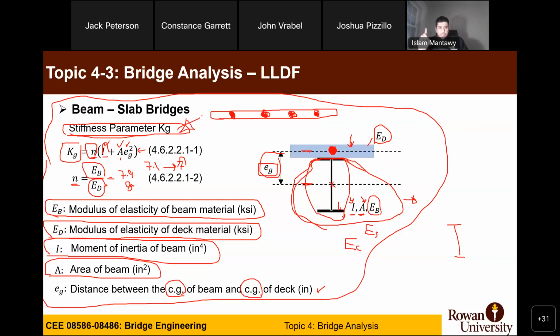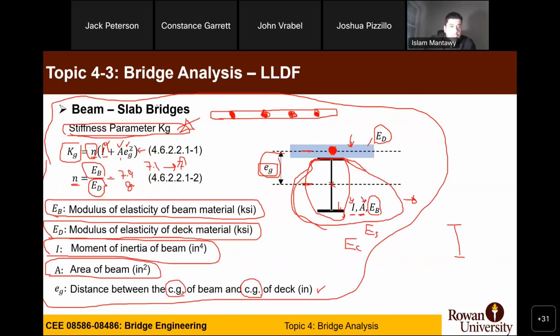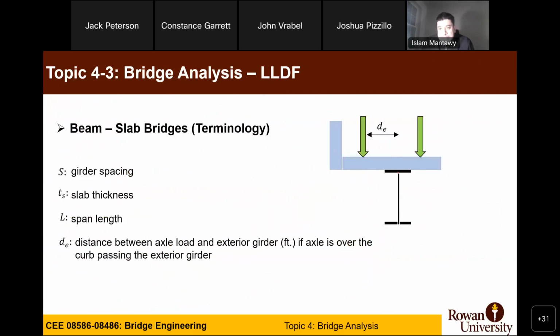Remember, the last method we did was the lever rule, right? We did the calculation. The second one is what we call the simplified equation. Before we go to the simplified equation, we need to understand what the Kg parameter is and what the distance de is. The distance de is the distance between the axle load, or this line of axles, right?